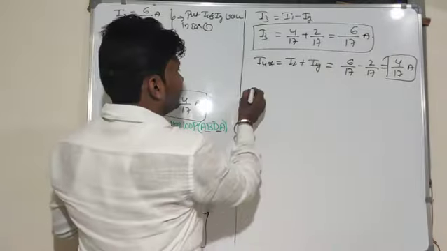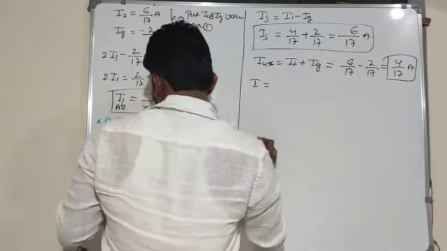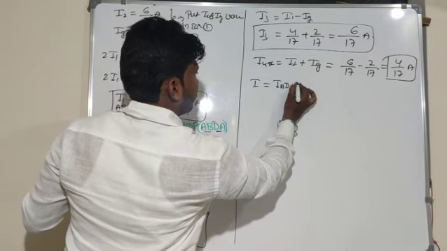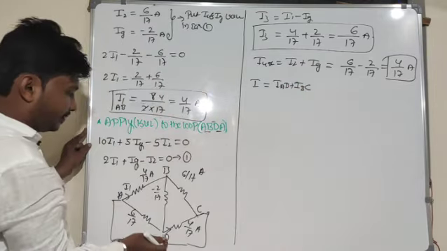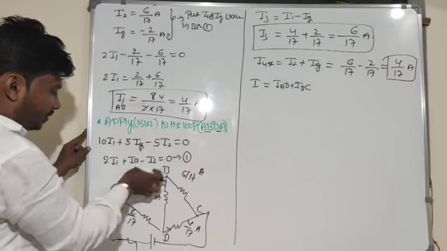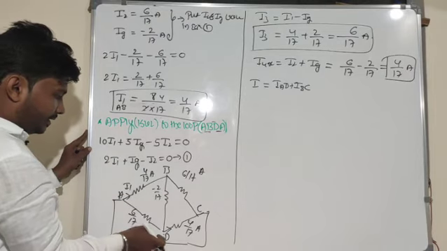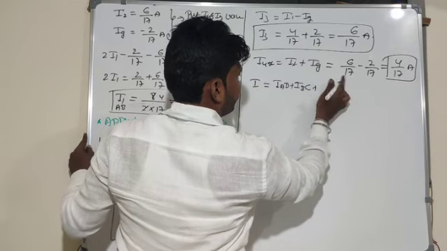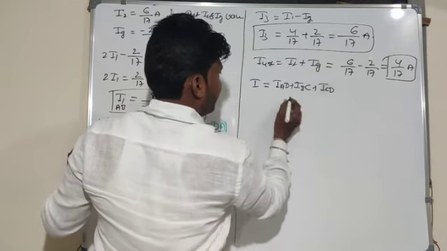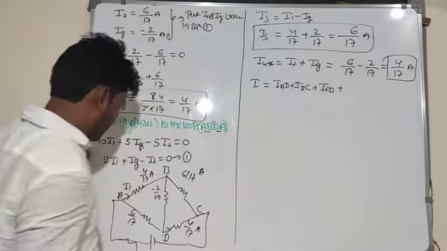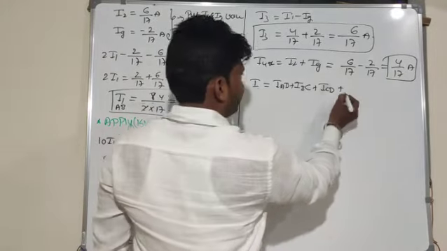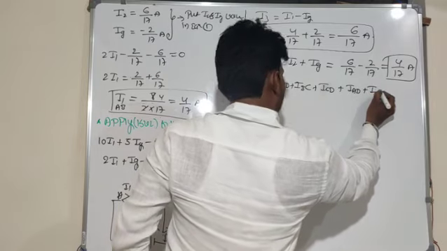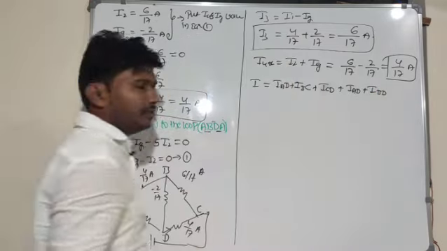What's the total current in the circuit? I is equal to I of A to B plus I of B to C, plus I of C to D, plus I of A to D, plus I of B to D. Small change.